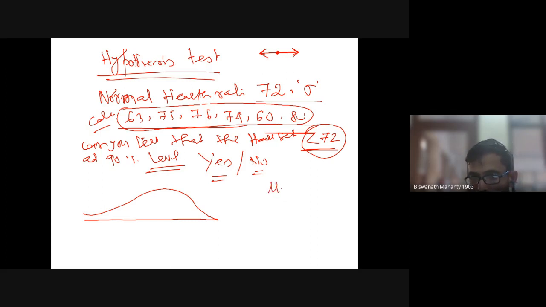Last time you already remember that we can do it using plus minus, that is both side limit. Now if I only want to know the left side of the 90%, I mean the whole area below which 90% is there. So you are talking about a distribution, and I want to look for less than 90% from my statistics.